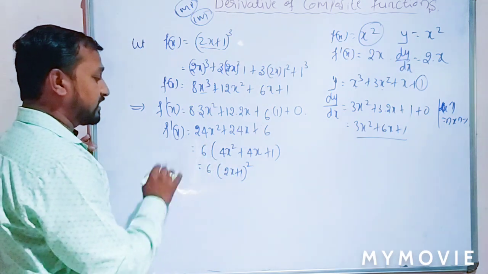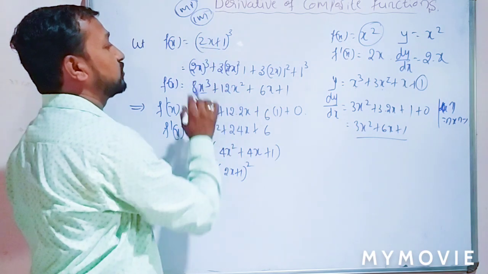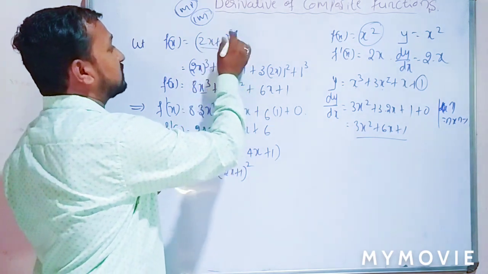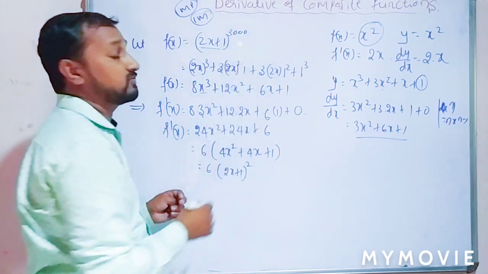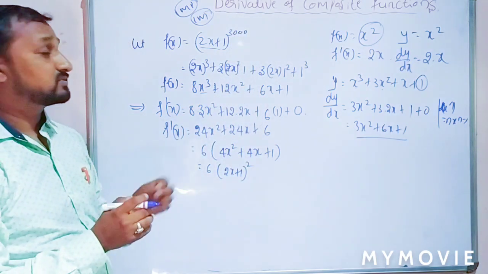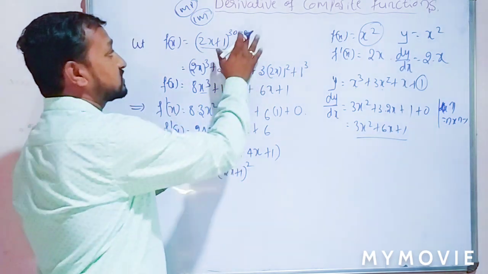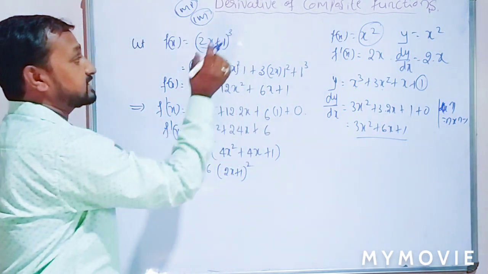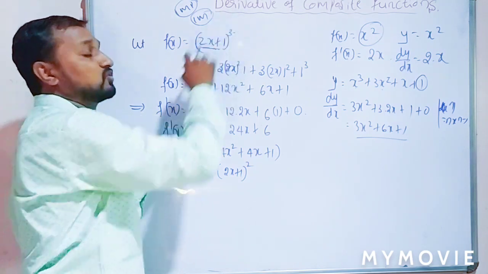So this is the derivative of this function f of x. Here it is cube, but if it is raised to the power of 300 or 3000, what could we do? Using the binomial theorem can be a very lengthy process. So this is a combination of two functions.